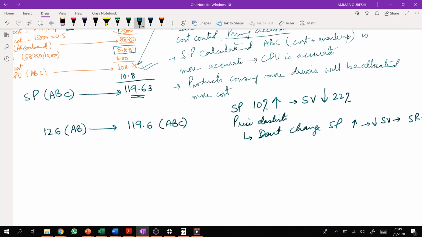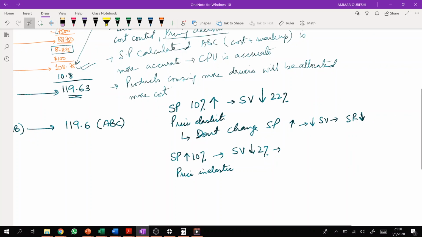There is another case, where selling price increases by 10% and your sales volume decreases by just 2%. This means that your sales volume is less responsive towards the price change. We will call this product price inelastic, right?